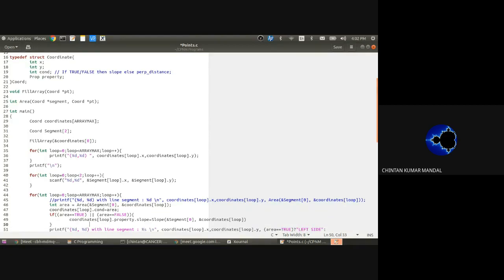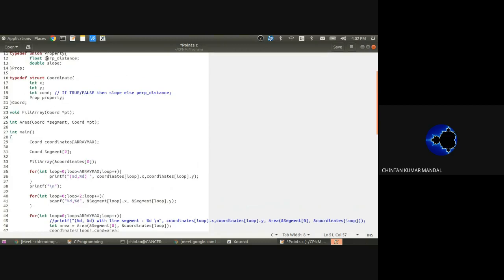Else, this one is basically the perpendicular distance.